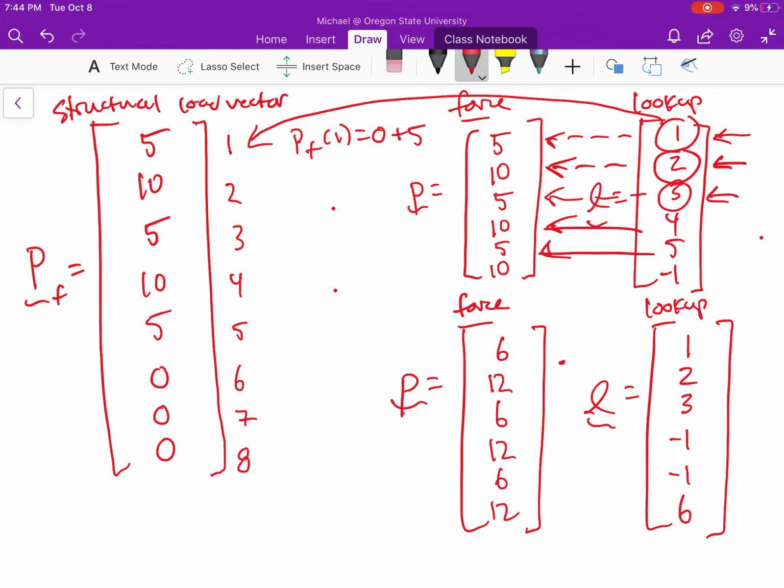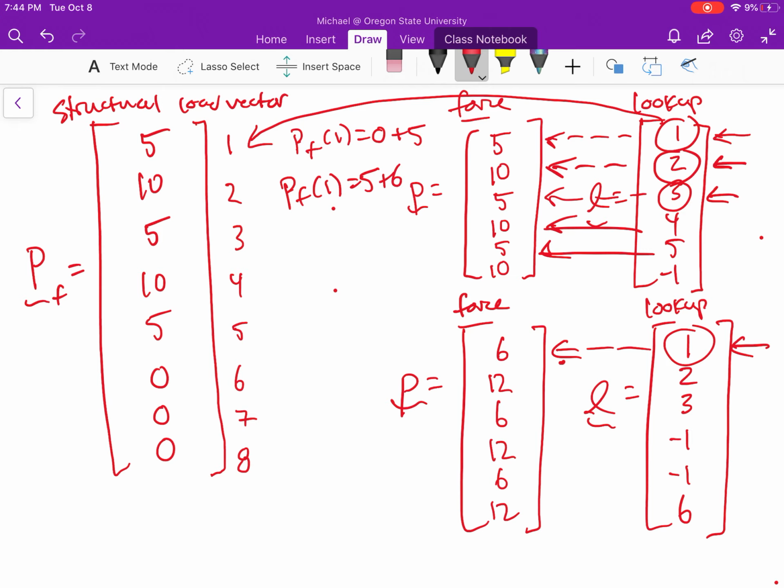Let's say we went down to the next element, and it has lookup vector 1, 2, 3, negative 1, negative 1, 6. The force vector has 6s and 12s just for kicks. We start here with a lookup value of 1 and an entry of 6, so it says read the current value within the P sub f vector and add 6. P sub f of 1 equals its current value, 5, plus 6.